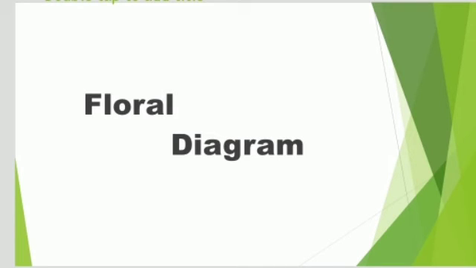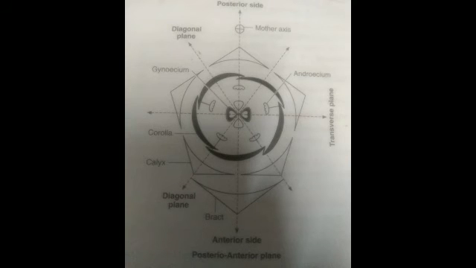Floral diagram. Actually, it is the description of plants, which can be given by floral formula and floral diagram. Floral formula is a symbolic and numerical representation of various floral parts.